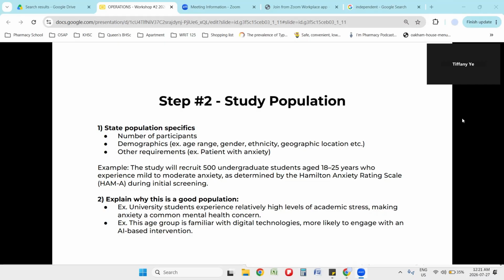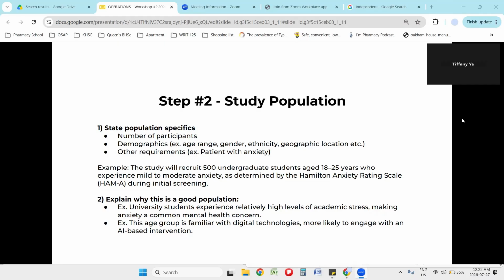So this would make your participants a good choice if your hypothesis was aligned with AI chatbots and anxiety. You could also say that this age group is familiar with digital technologies, which would make them more likely to engage with AI-based interventions. In contrast, if you chose a population that was in their 70s or 80s, they may not be as familiar with technology or AI, and they may choose to not follow through the procedures you have instructed them to complete.